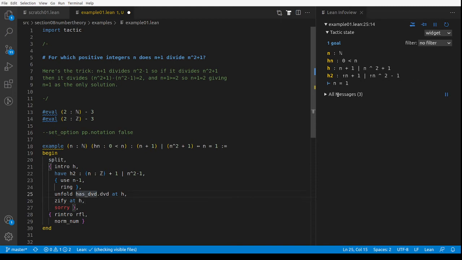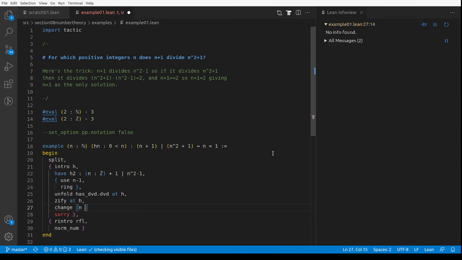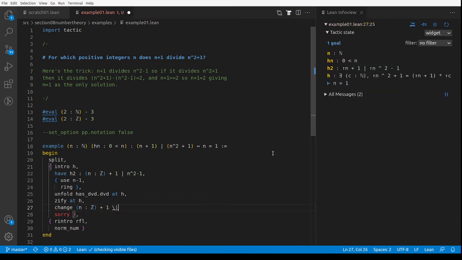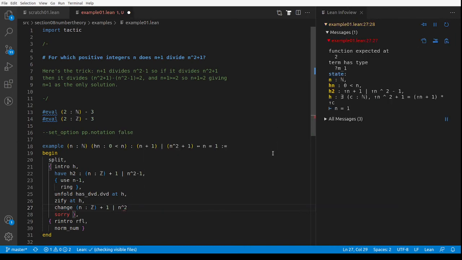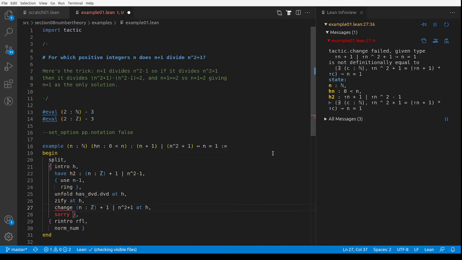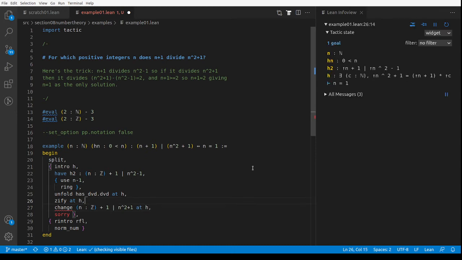So that's a bit rubbish, isn't it? And now I want to fold it back up again, of course. Change the integer n plus 1 divides n squared plus 1 at h. Oh, it doesn't even work. Well, that's quite surprising that it doesn't work.